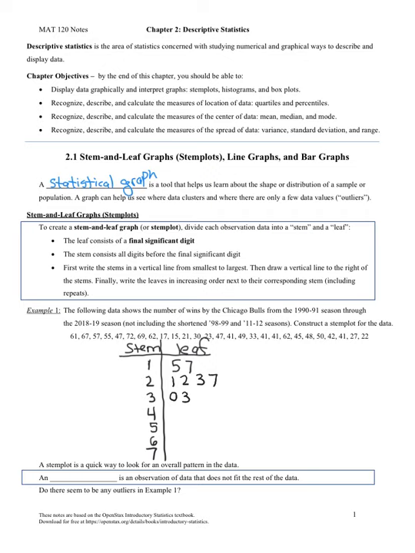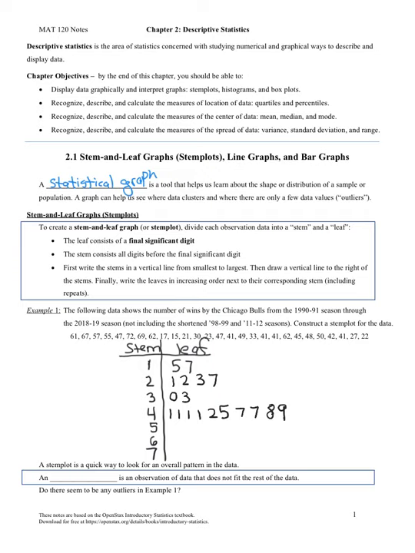Now let's take a look at our data points in the 40s. There are 4 41s. So what we're going to do is write the 1 4 times. Then there's a 42, a 45, two 47s actually, a 48, and a 49.